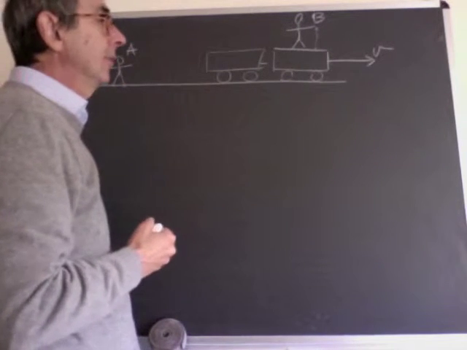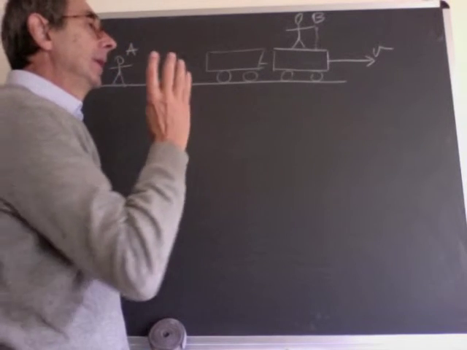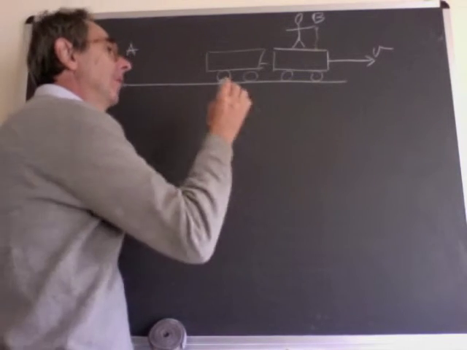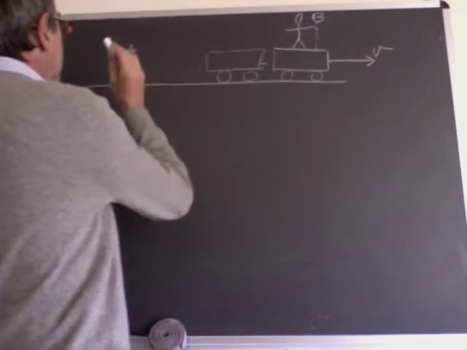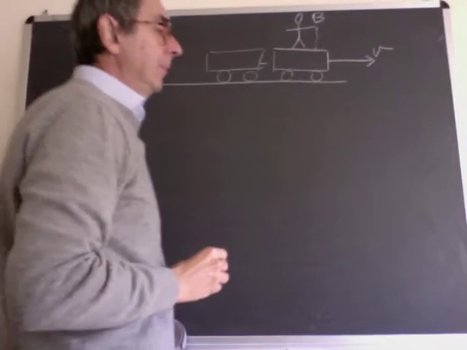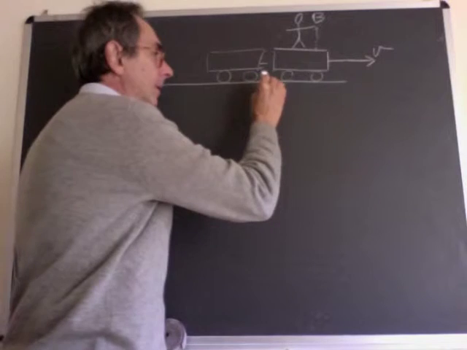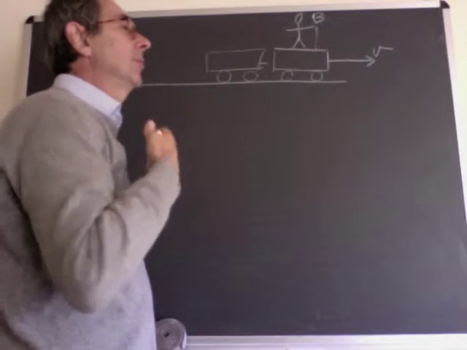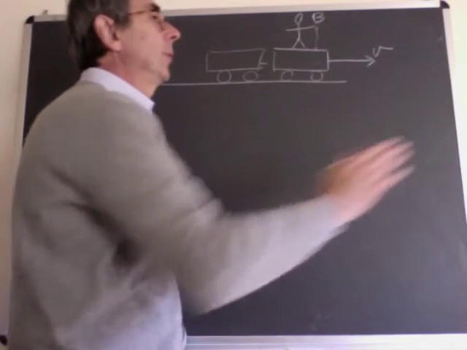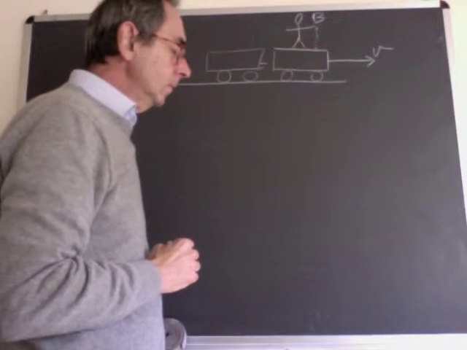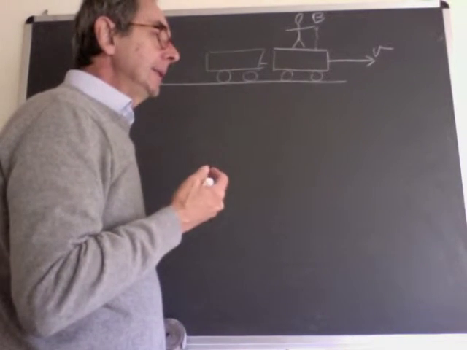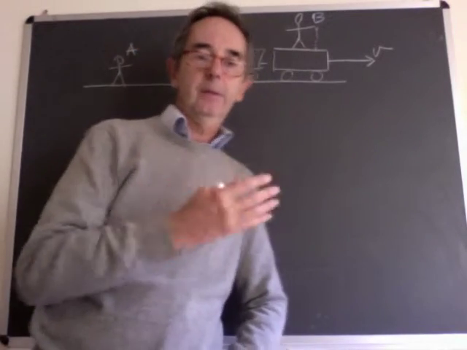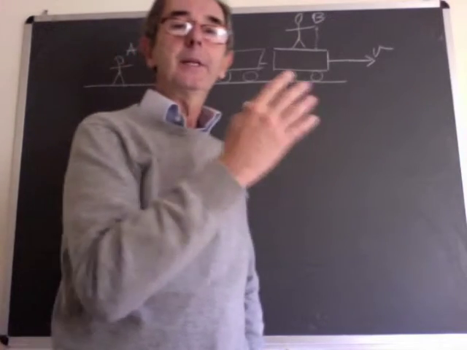And this is due to the fact that this train is another inertial reference frame like the Earth. Because no acceleration is present, the fact that the train is going in a straight line with constant speed is just enough to say that the laws of physics, the laws of nature, are exactly the same.